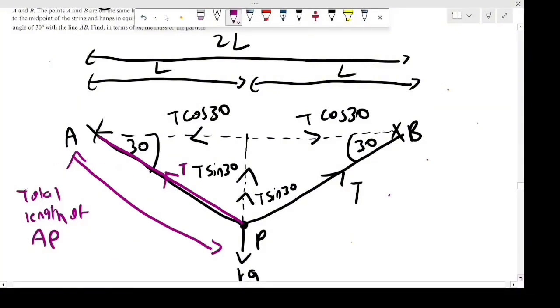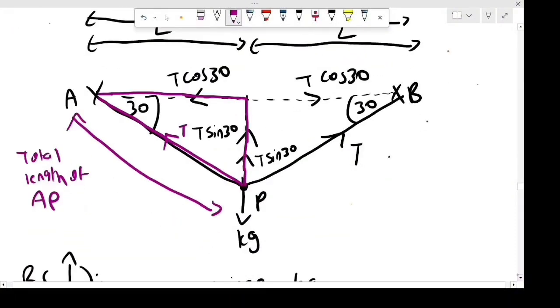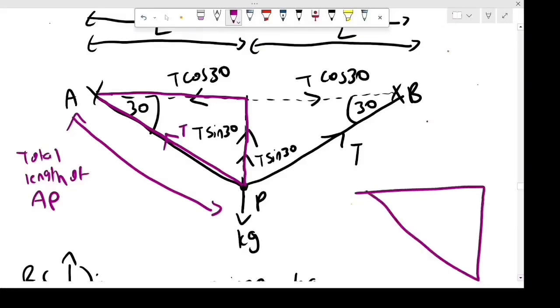So let's consider just the triangle here, right? If I do the triangle here, then I'm going to copy this down here. So this is going to be 30. I want to find this length here.